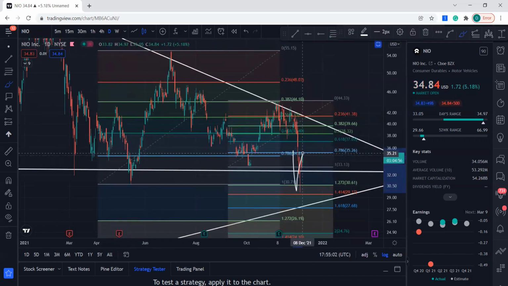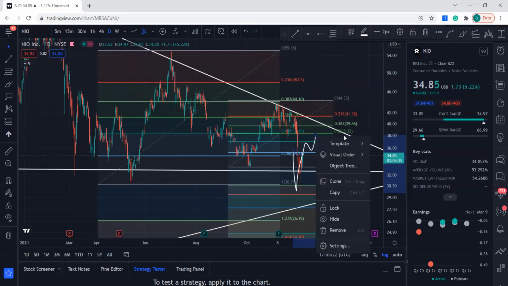If it breaks it, it's going to go first to 37, maybe come back to retest, back up, and then hit the 0.618 level, and this one is the 0.5 level. So its next target is going to be the 0.5 level, which is at 38.32. And with this Fibonacci level, it's going to be the 0.618 level.